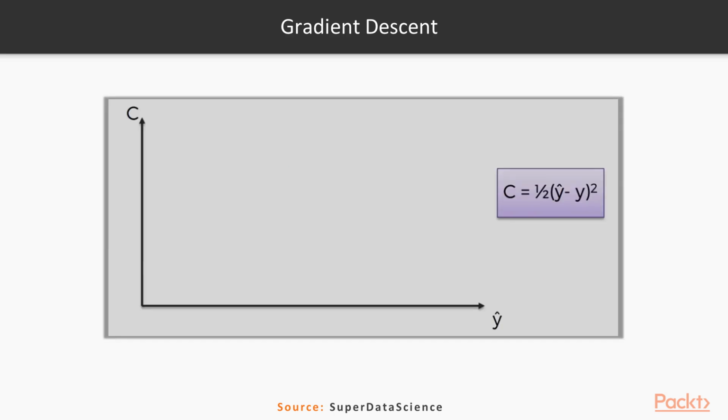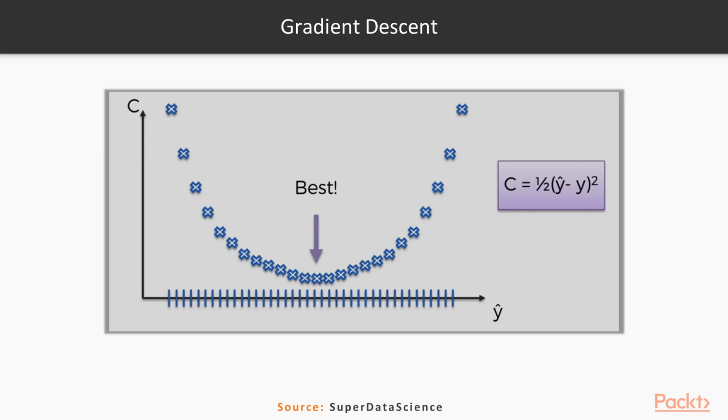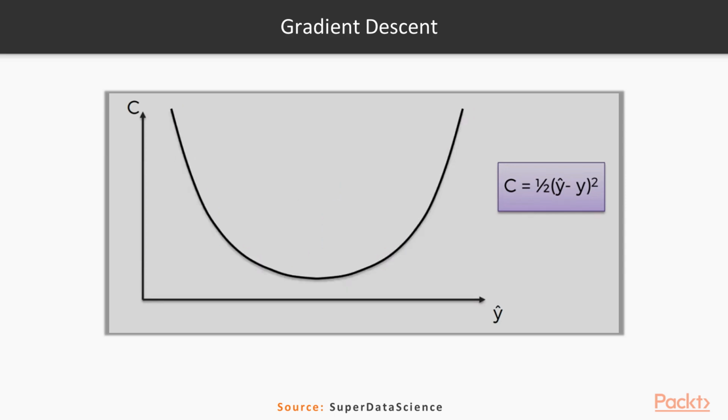If we plot y hat on the x-axis and this cost function on the y-axis, and we calculate the cost function for all the y hat values, then it will look something like this. And here the cost is lowest, so this is the best. We always try to get there as quickly as possible. So how do we go there? Let's draw a line instead.